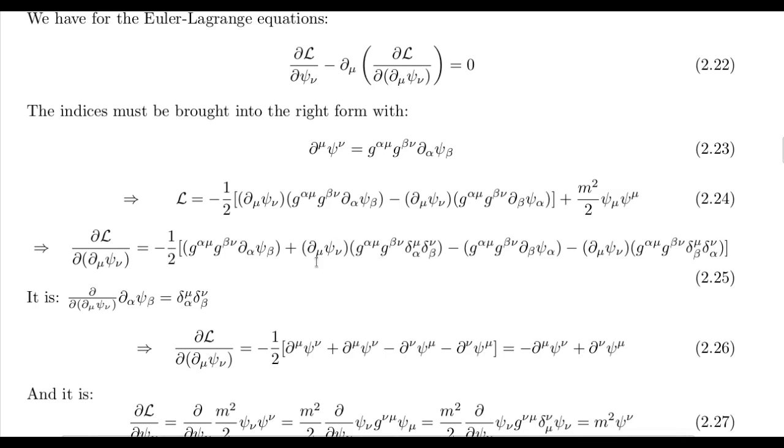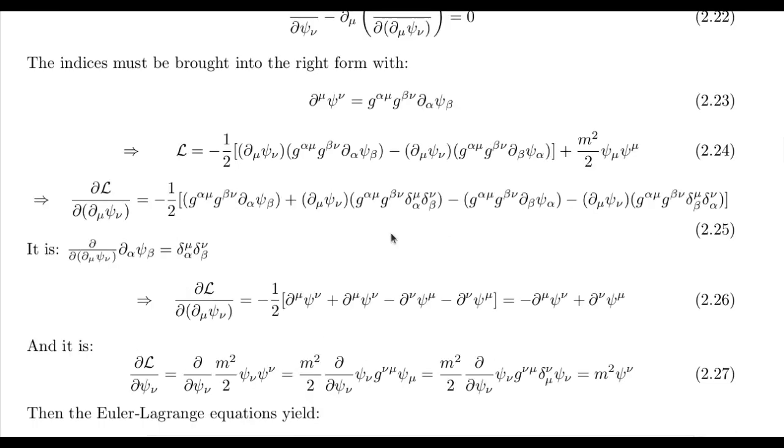Then, instead of d psi alpha beta, we now have two Kronecker delta symbols. And we do the same for the negative term here. We can now eliminate some metric tensors and some Kronecker symbols again.